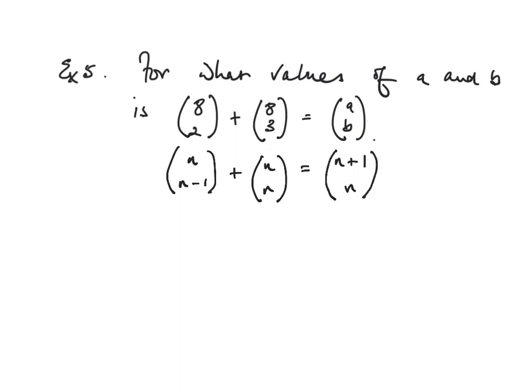So if n has the value 8 and r has the value 3, considering this one here, then we have 8 on the top, and you'll have n plus 1, which is 9, and 3 on the bottom. So a then has the value 9 and b has the value 3.